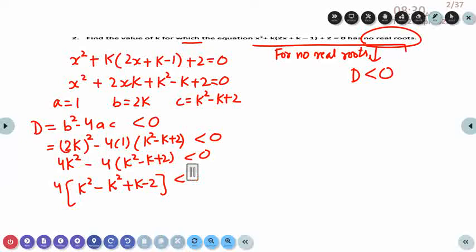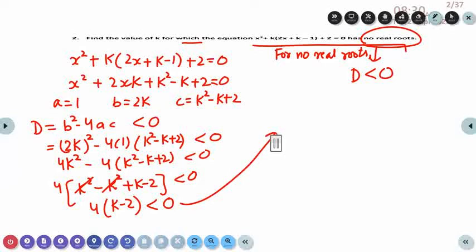Now we know that B square minus 4AC is less than 0. That means 4 into k minus 2 is less than 0. Which implies k minus 2 is less than 0. Which means k is less than 2. So we have calculated the value of k. For this question, k will be less than 2. So k less than 2 is our final answer for this question.